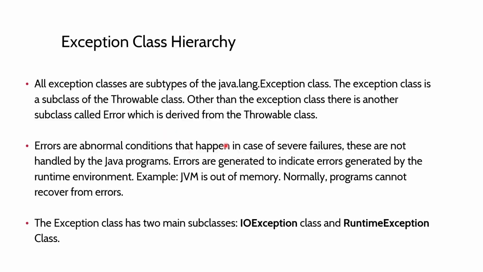In Java, everything's a class, and all exceptions are subtypes of the Java Lang exception class. The exception class is a subclass of the throwable class. Other than the exception class, there is another subclass called error, which is also derived from the throwable class. Errors are those conditions that happen in the event of unexpected severe failures that are quite often environmentally related.